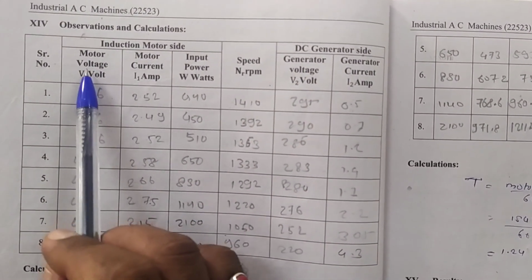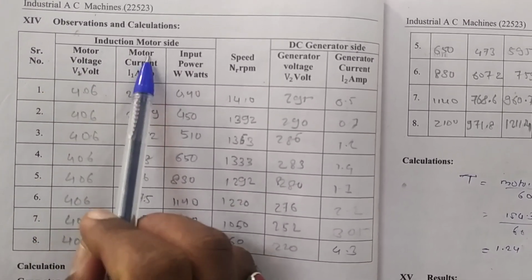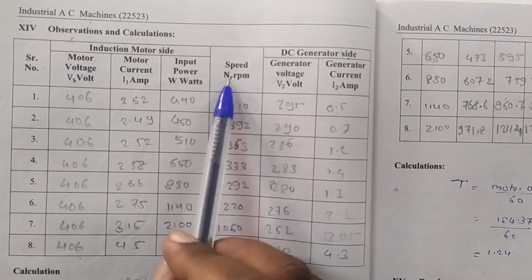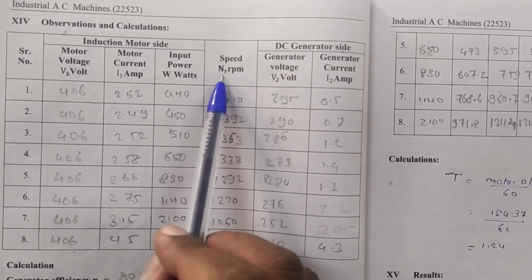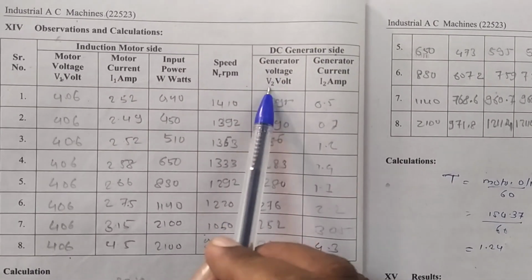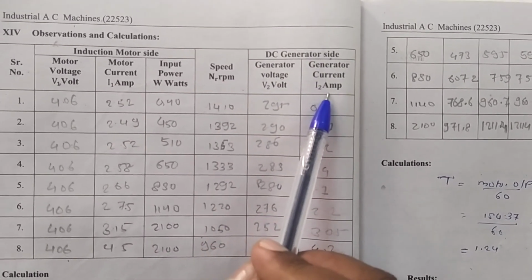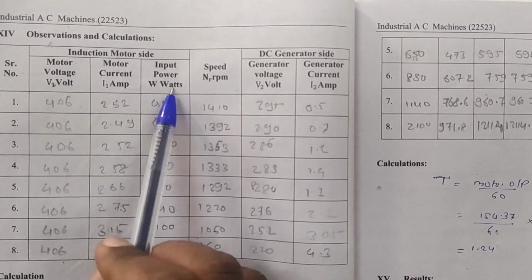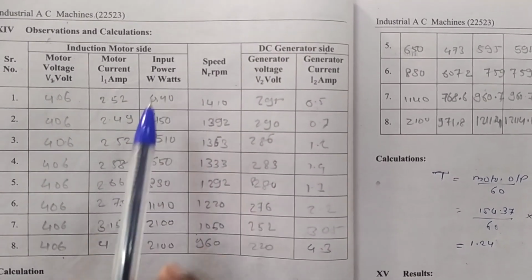On the induction motor side we are going to measure motor voltage V1, motor current I1, input power from the wattmeter readings, and speed N_R, the speed of the rotor in RPM, by using the tachometer. On the generator side, generator voltage V2 in volts and generator current I2 in amperes. These are the DC quantities and the others are the AC quantities.